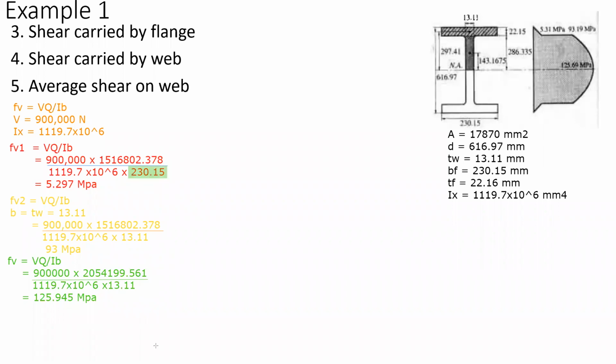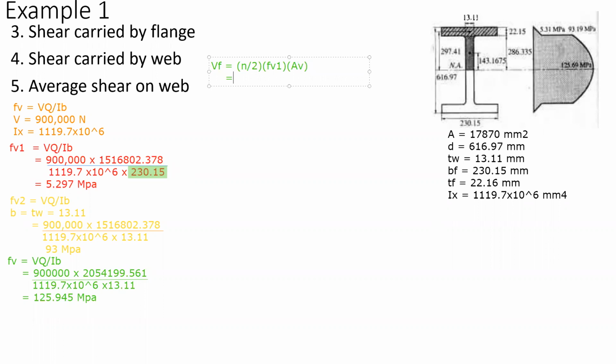So 230. Ayan. So let's call this shear by the flange is equal to N over 2 FV1 times area of shear.